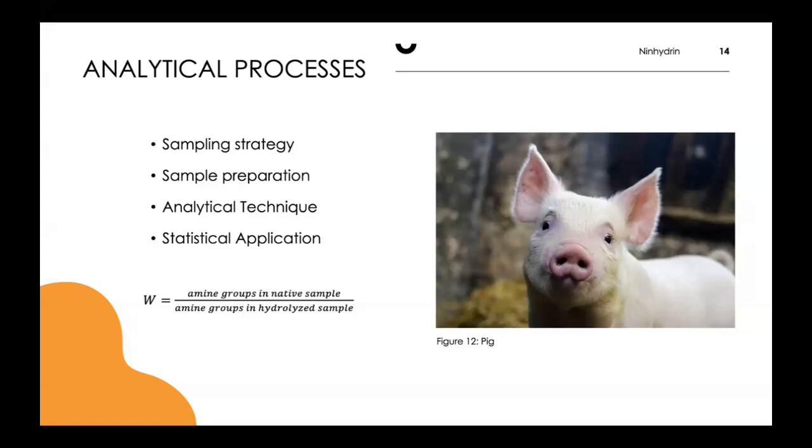Both subsamples were then reacted with ninhydrin to produce a purple chromophore. They were then measured spectrophotometrically at 570 nanometers. The analytical technique used was a Ninhydrin colorimetric assay. This is a classic method for amino group detection.